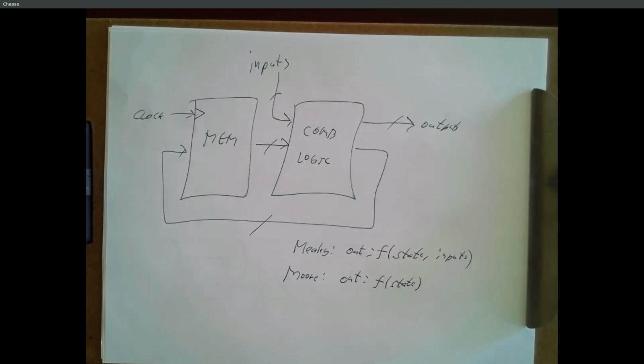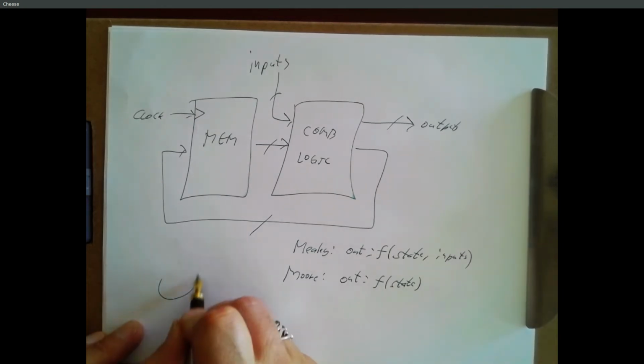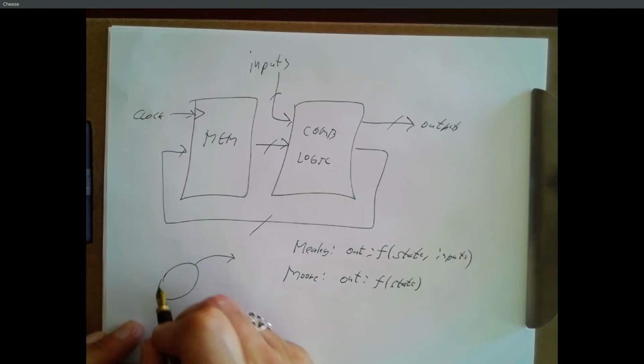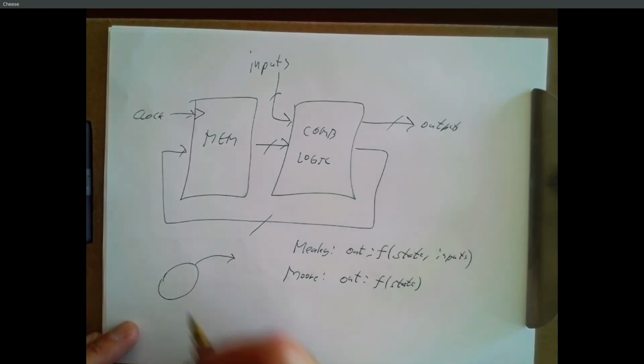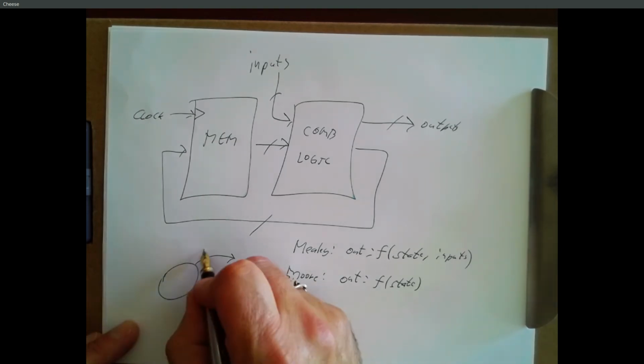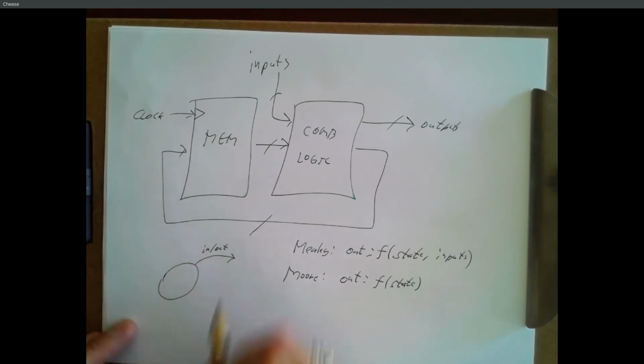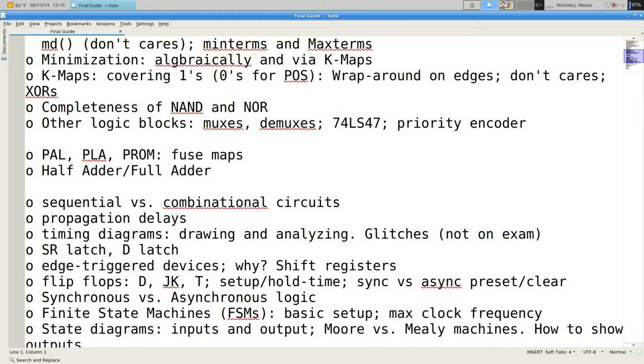You can just put a line, put the value of the output underneath, because it only depends on the state. If you have a Mealy output, which also depends on the inputs, then you have your state, but you have an arrow saying if the input is such and such, we're going to take this transition, so you can list your output on that arrow.